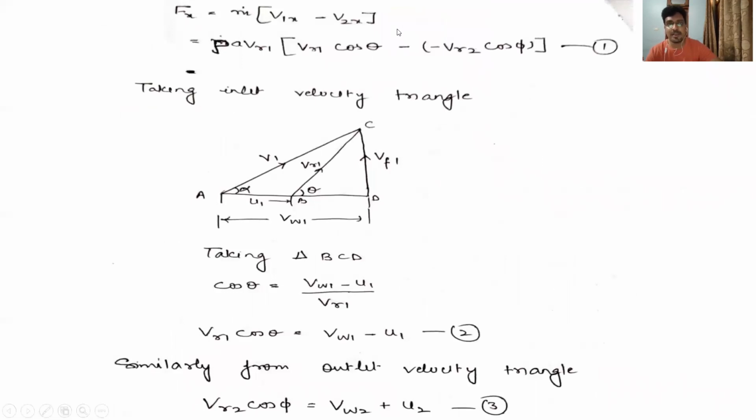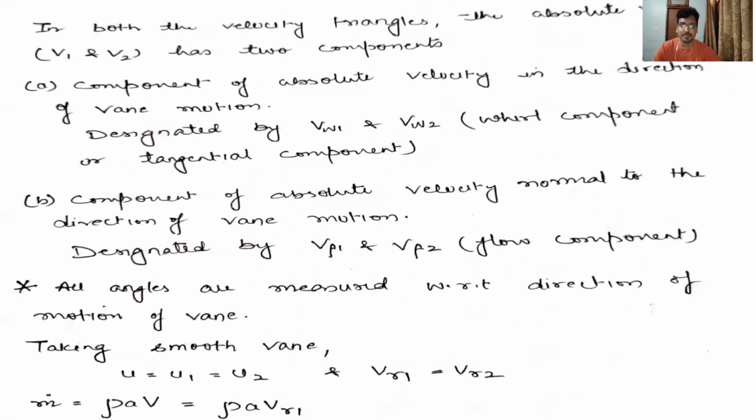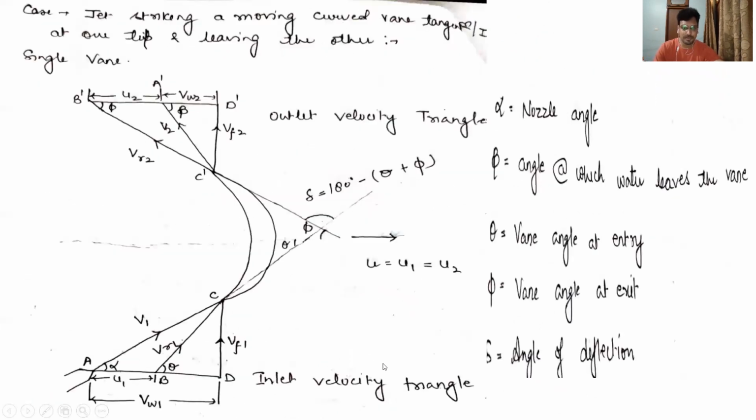Fx will be m dot times V1x minus V2x. V1x is Vr1 cos theta, and m dot equals rho a Vr1.